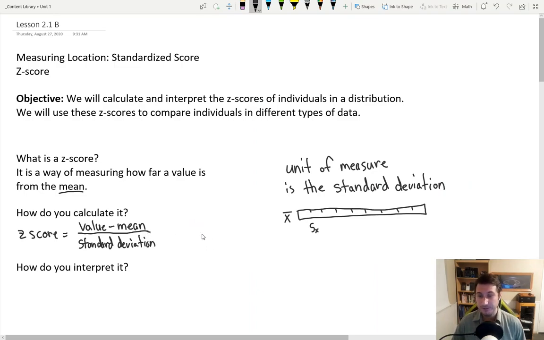That's it. If you want to see it in symbols, here's what it is. Z is equal to x minus x bar over s sub x. Very easy. I think about those poor freshmen right now who are having to do the quadratic formula. This is super easy compared to the quadratic formula.